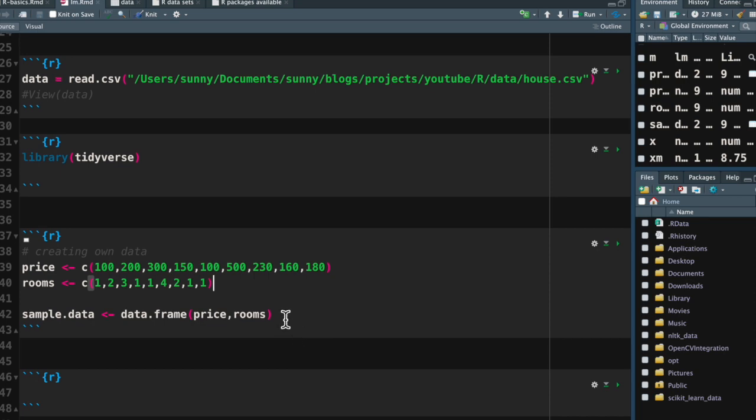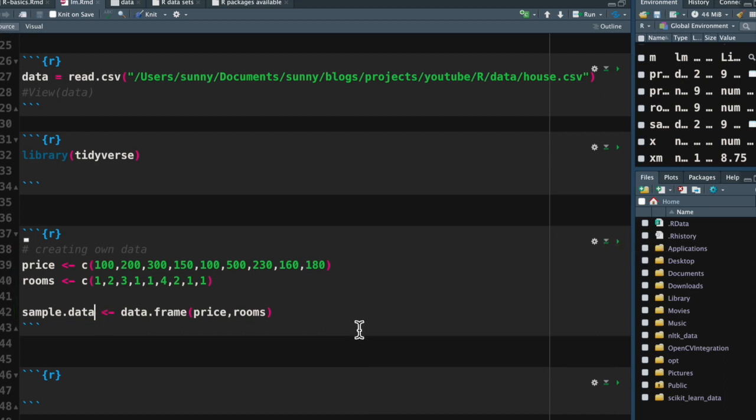If you don't understand how we create our own manual data in R, this is how we do it. You just have to create two columns, then pass those columns into the data frame function, and it will create the data frame according to your need. Here we have created the data frame.